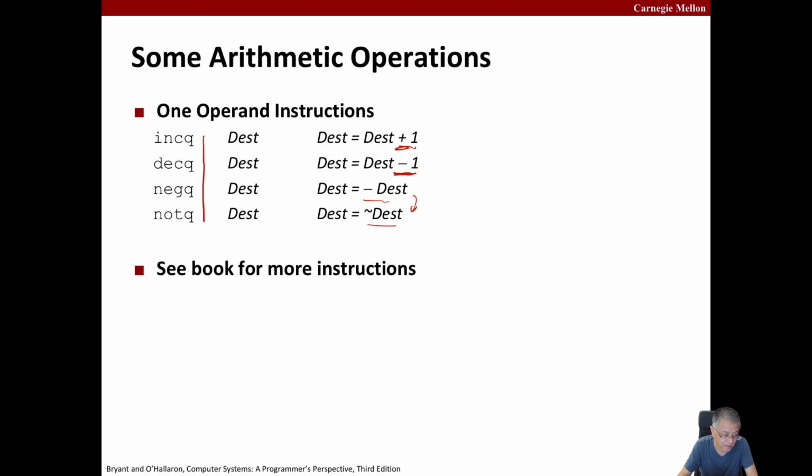If we have 5 and we do the negative, we get negative 5. But for the not, we convert this 5 into its binary format and invert each bit. So you get a different number.